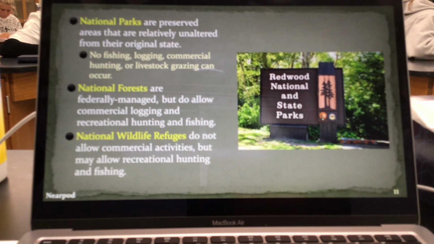National park or national forest? There's a national forest in Brown County. That's good. Do you know what the name of it is? Anybody know the name? I can't hear you. Turkey Run is a state park, beautiful state park.